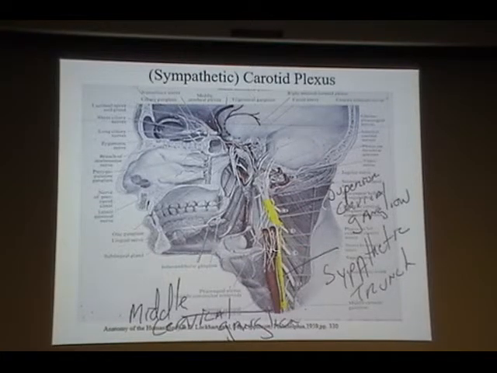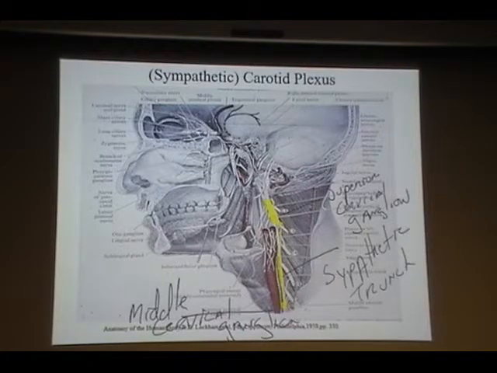Now, some of them, you see these postganglionic fibers here, they dropped off onto the carotids. They're actually going down here. Why are they going down there? What are they going to innervate down here? The heart, bronchioles.